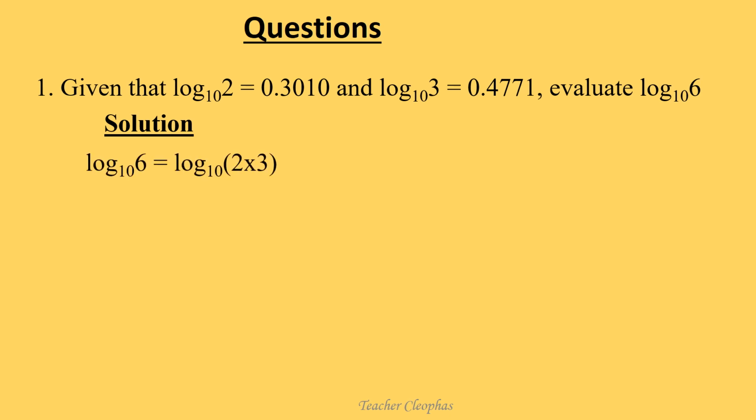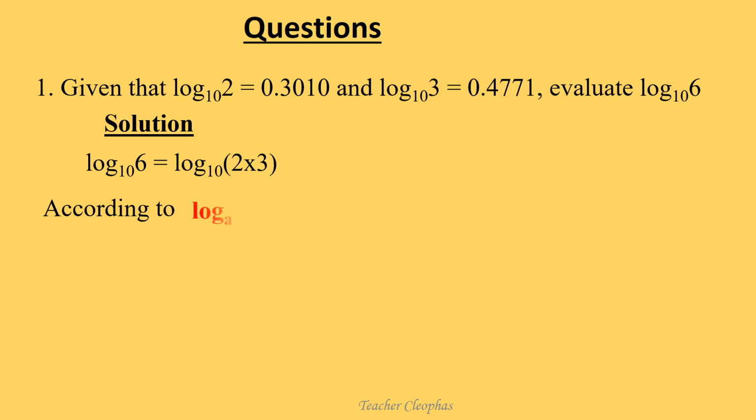Logarithm of 6 to base 10 is the same as logarithm of 2 multiplied by 3 to base 10. If you look at this keenly, you notice that we have only expressed 6 in terms of its factors, of which we are given the logarithms for those factors. That is, 2 times 3 gives us 6.